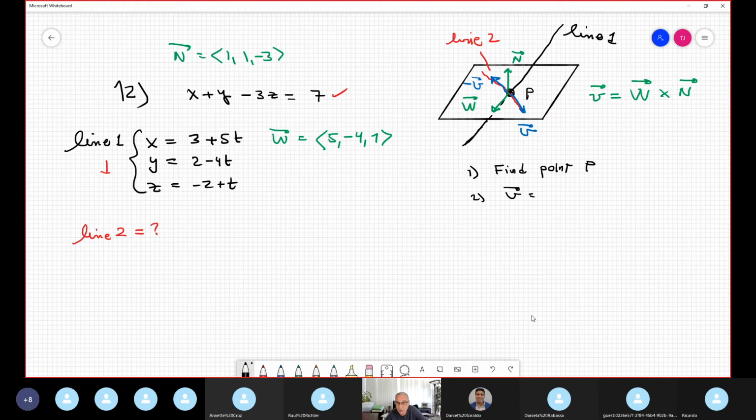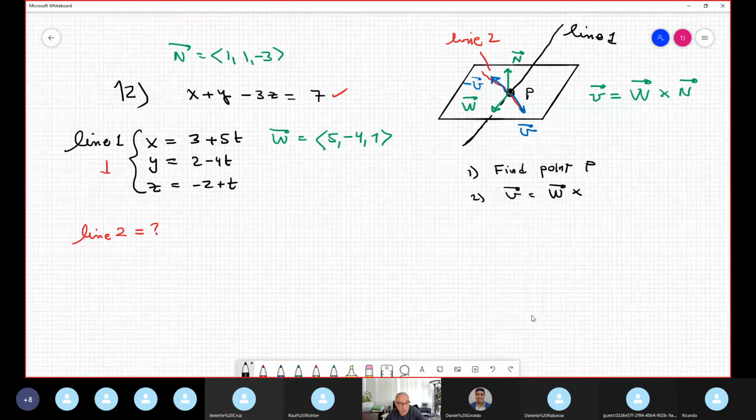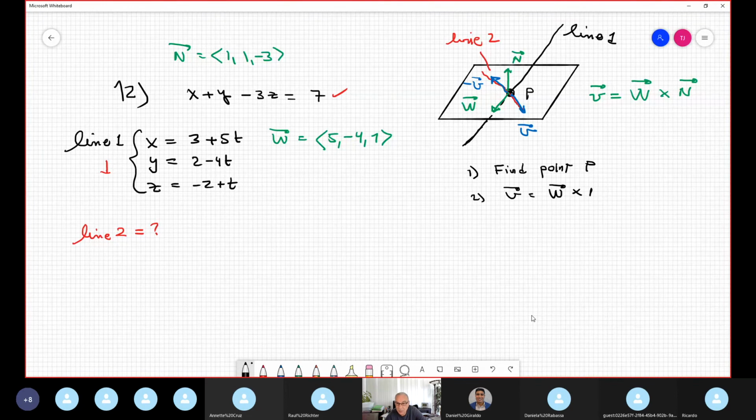So the second step in my strategy is to find the B vector. How? Perform the cross product between the direction vector of the given line and the normal vector of the given plane. Then, when you have two pieces of information, P and the direction vector, I am ready to determine the equation for the line.